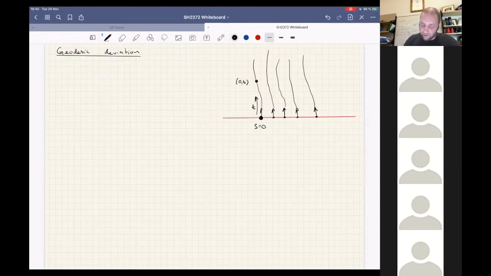We can do the same thing for s equal to s0. So I'm following now this curve to the point where s equals s0. And then I can follow that geodesic for the same proper time t. I might end up at this point. So this means that this point would be (s0, t).